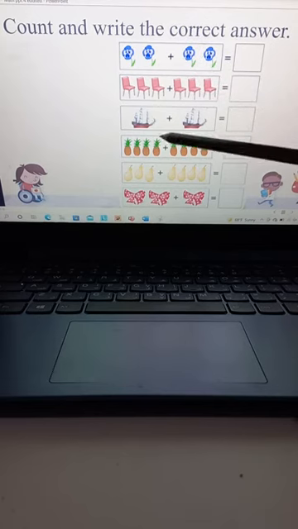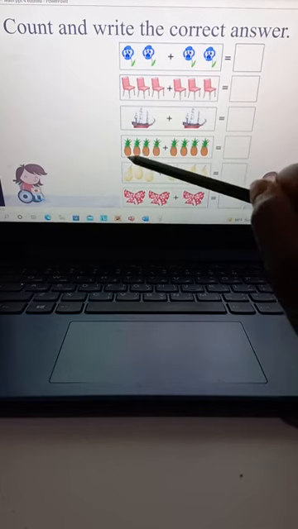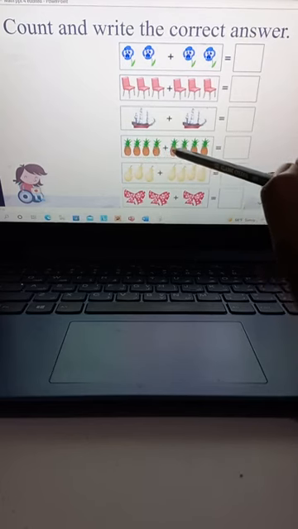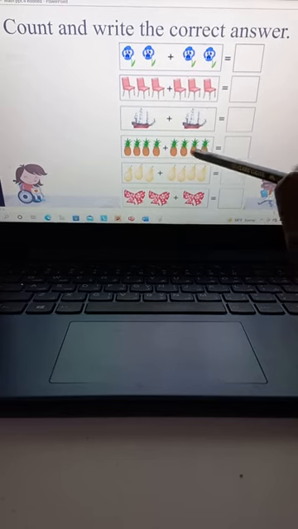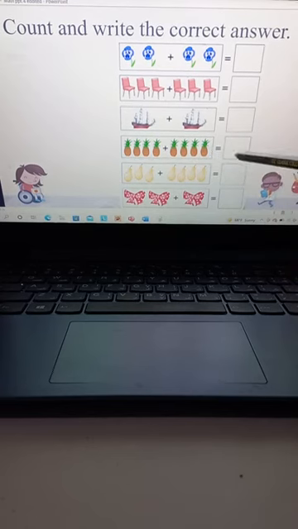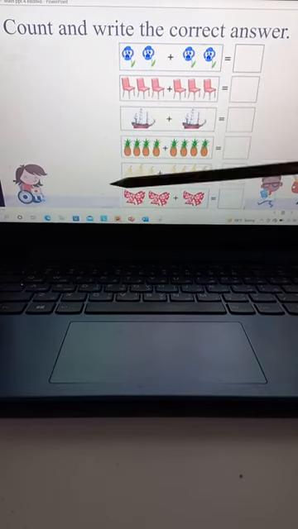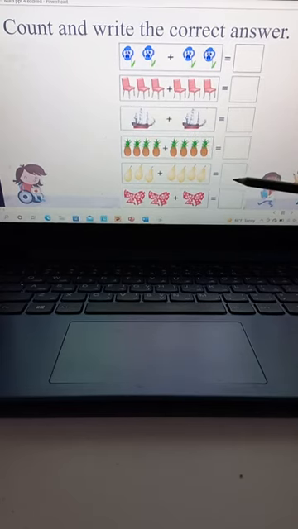We write the number 6. And here 1, 2, 3, 4, 5, 6, 7, 8. We write the number 8. Of course, I know that you can count numbers together and you know how to write your answers in the proper way, how to form the numbers properly.